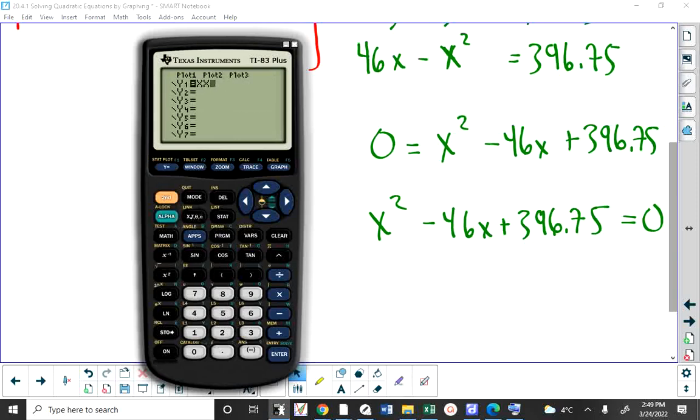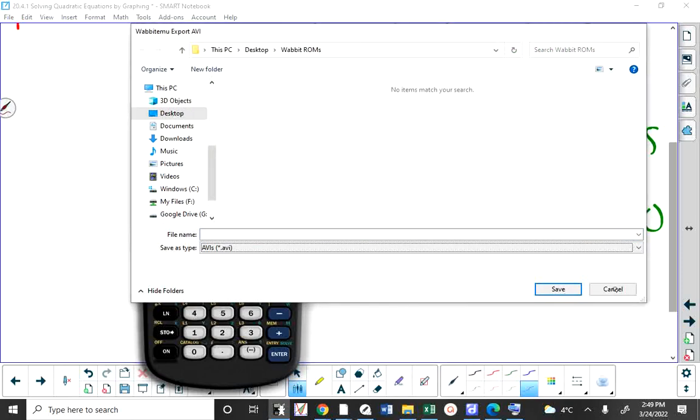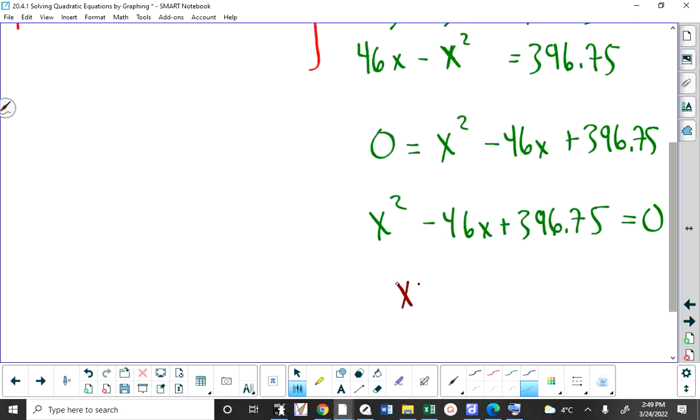x squared minus 46x plus 396.75. One of the things I want to recognize here is that x is going to be a positive number.